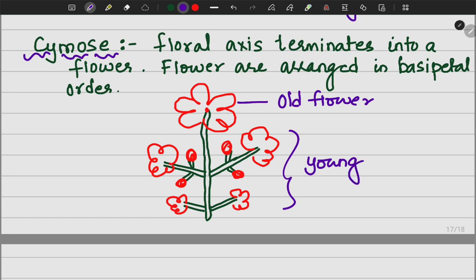This type of arrangement is called basipetal order, and the growth is limited in cymose inflorescence. Now the examples of families showing cymose inflorescence are Solanaceae family and Liliaceae family.